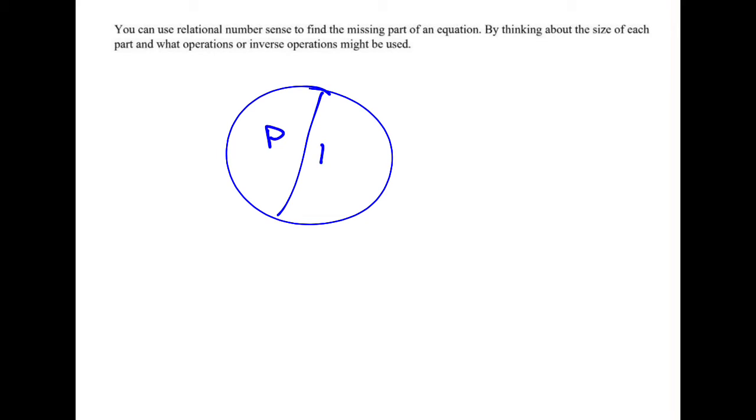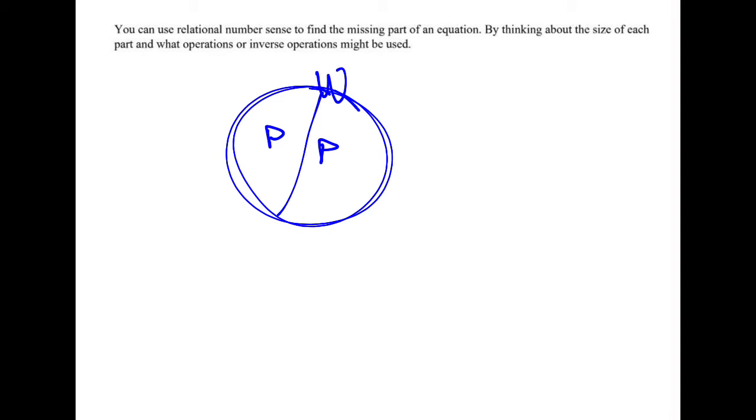Okay, this screen, we've kind of already talked about that, but here we go. You can use relational number sense to find the missing part of an equation by thinking about the size of each part and what operations or inverse operations might be used. If you think about it as whole and two parts, it depends on what you're given.